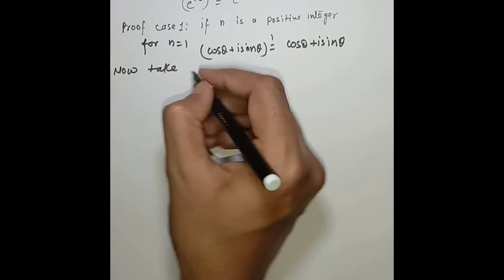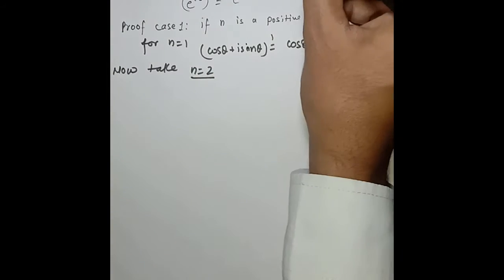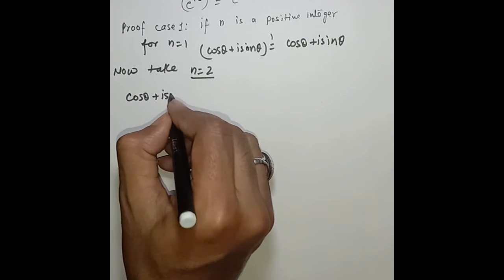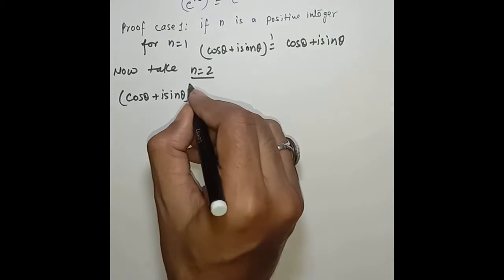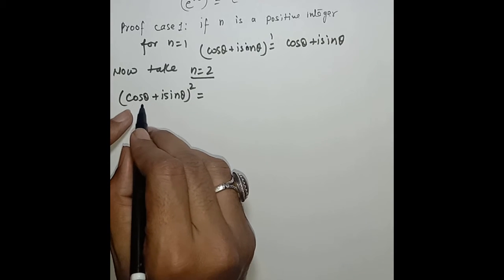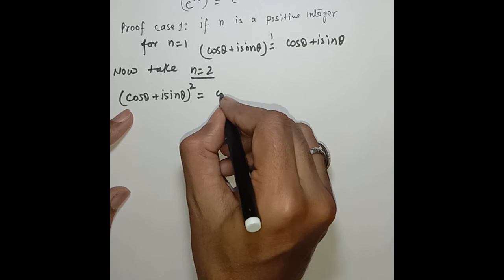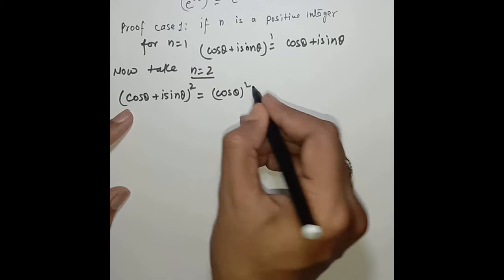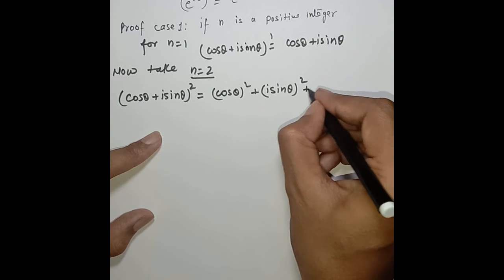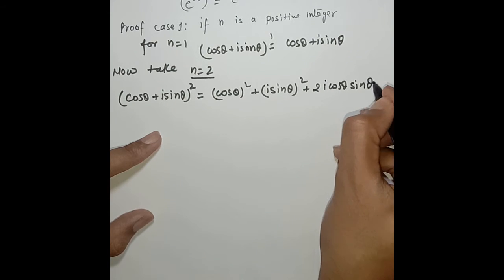Now take n equal to 2. If you put n equal to 2 in equation number 1, (cos theta + i sin theta) raised to the power 2, using the formula of (a + b) whole square, is cos square theta + (i sin theta) whole square + 2i cos theta sin theta.